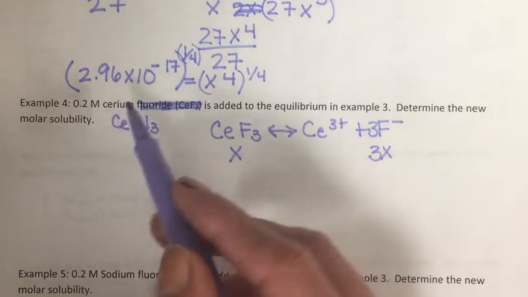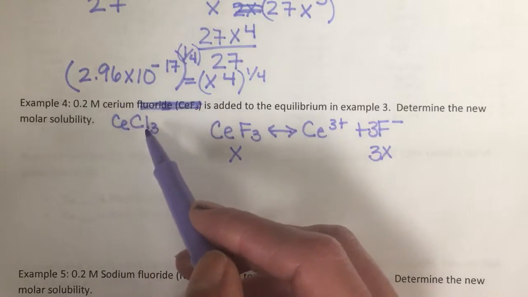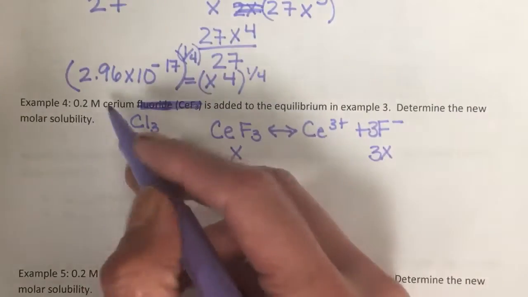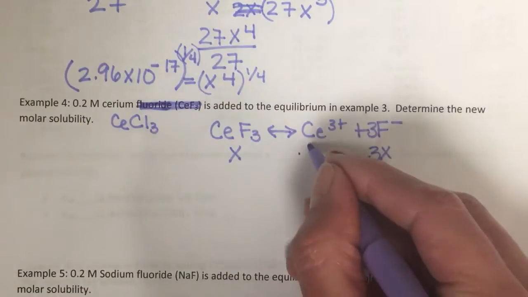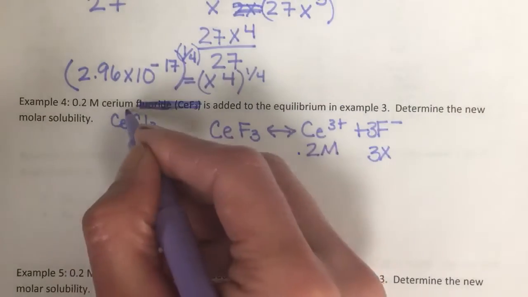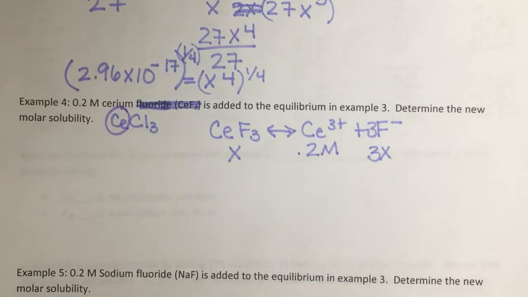Now, because I've got a solution of cerium chloride, remember we changed that, I actually am starting with 0.2 molar Ce in solution. It's my common ion.